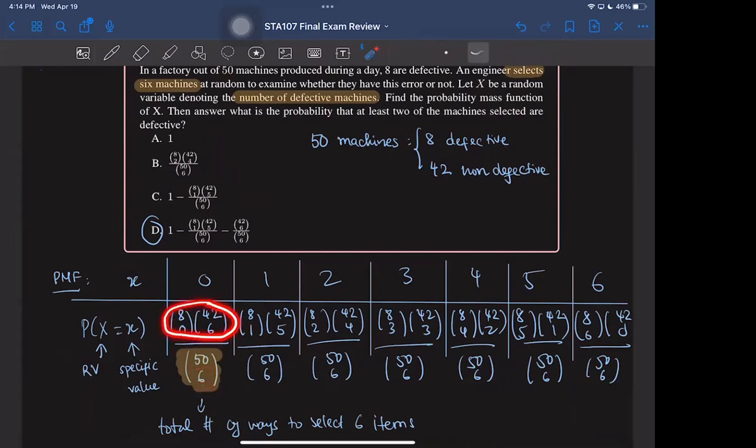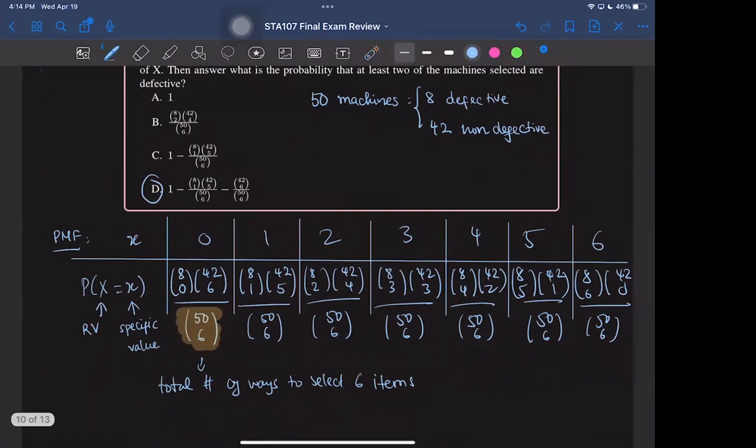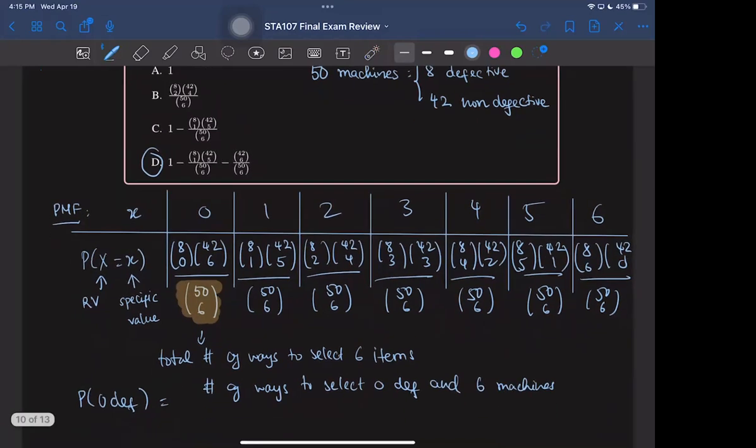And the numerator is the number of ways that we have 0 defective machines. So the probability that we have 0 defective is just the number of ways to select 0 defective, and we select 6 machines in total, divided by the number of ways to select 6 machines.